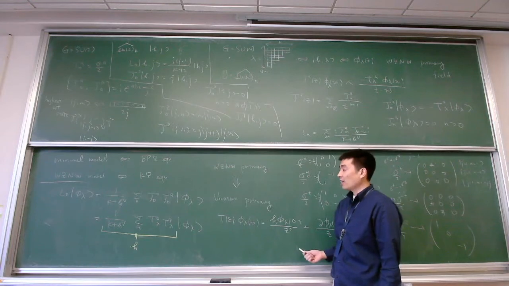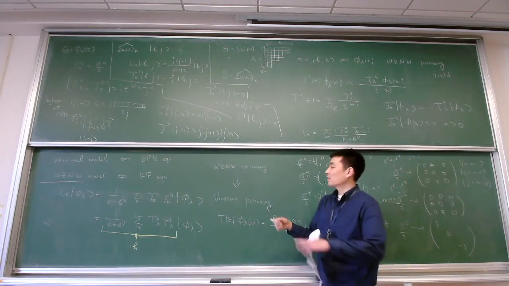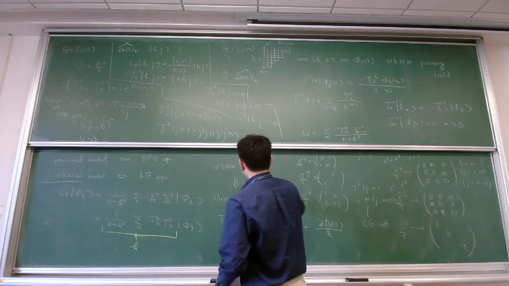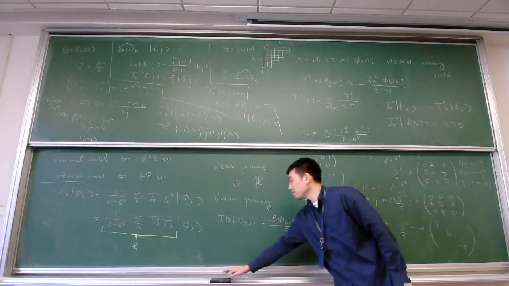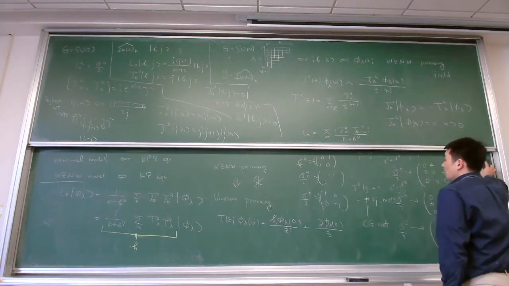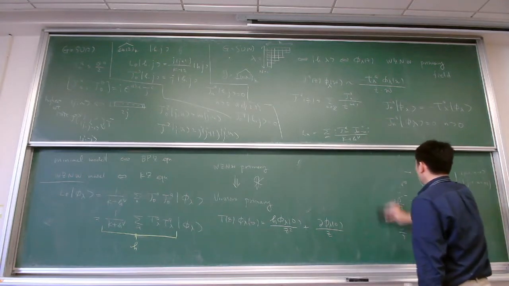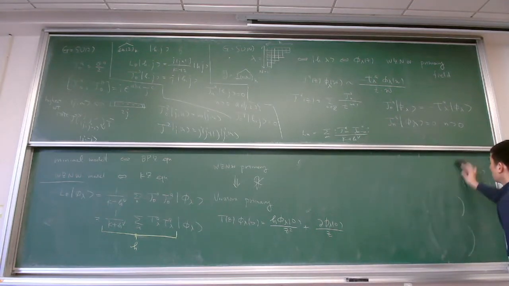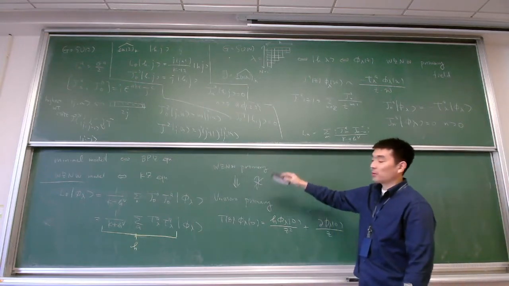But on the other hand, a Virasoro primary is not always a WZNW primary. This is not true. We already saw the example. So you have to distinguish the WZNW primary and the Virasoro primary.